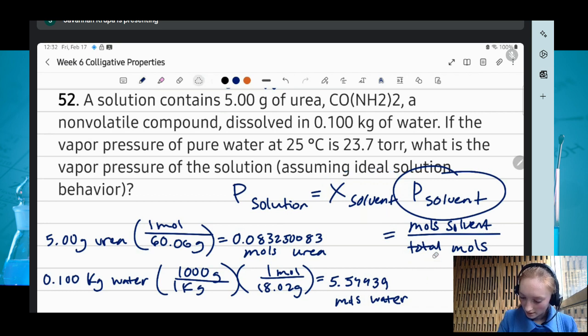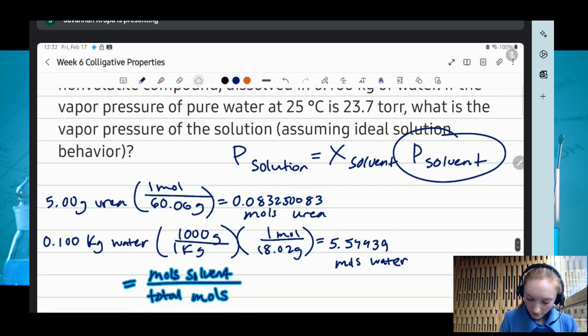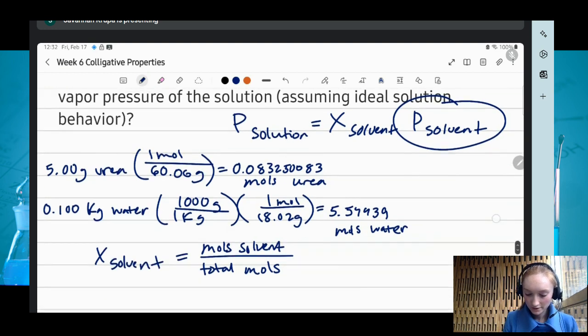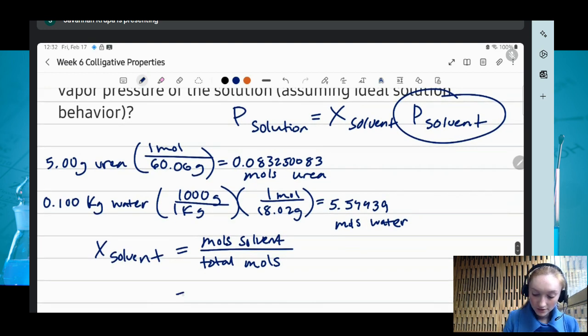And again, the formula for that is right here. X solvent will be moles of solvent divided by total moles. The moles of the solvent is going to be the water, so that was the 5.54439 that we just found.